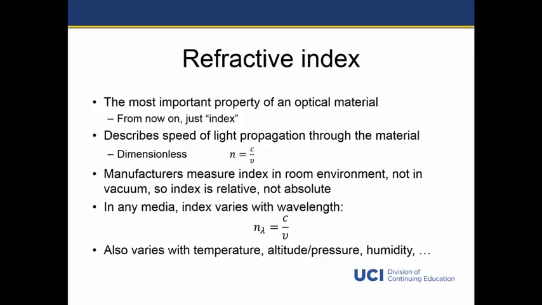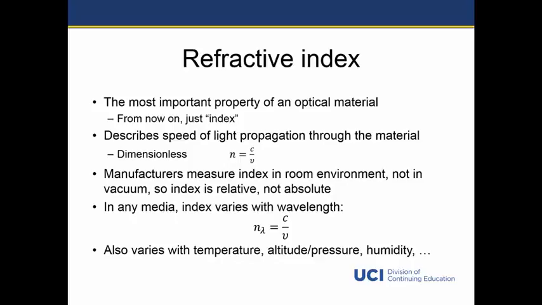So what we actually see in glass catalogs is a relative index, not an absolute index. And you'll need to keep that in mind, in particular if your system will be used in vacuum or in a situation where some of the materials are at one pressure and or temperature and other components are at a different set of environmental conditions.